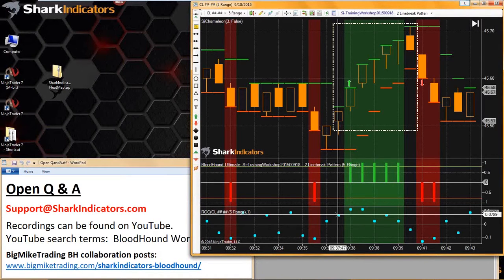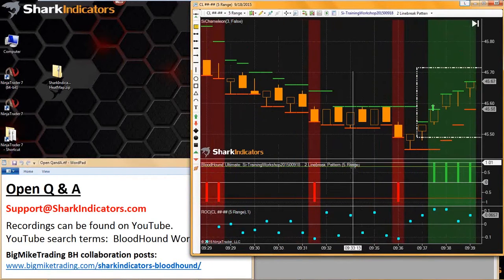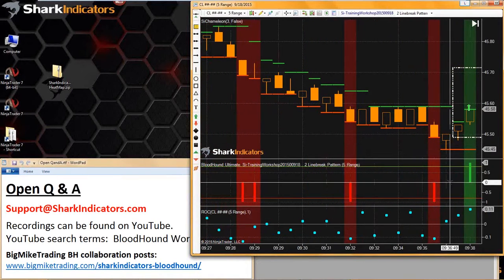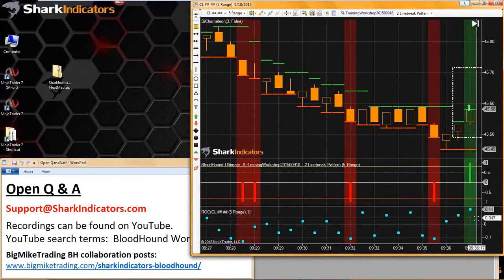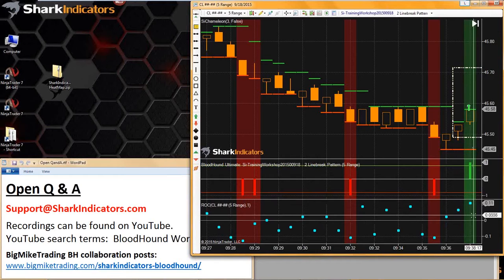Now I have to figure out what this indicator is returning. Let me scroll my chart back here. Okay, the indicator is returning 0.11. So is that 11% or is that 11/10ths of a percent? I'm not sure what the indicator is returning.